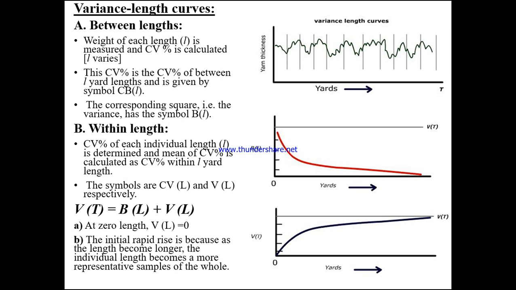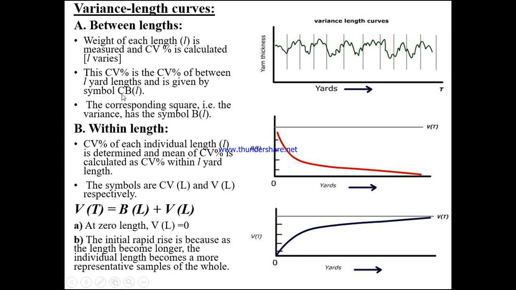This variation is called variance, and we can also calculate the coefficient of variation, CV percentage. That CV percentage is called variation between the l, expressed as CBL, small l, the variation between the length, and the corresponding variance symbolized as BL.